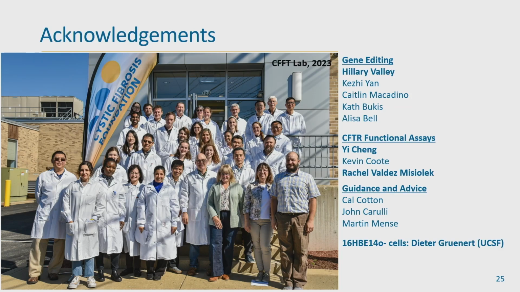Very nice work. So the question I have is with respect to the editing directly in the well-differentiated cultures. Since HDR requires cells to be in a state of division for the homology-directed repair, do you have a sense in your ALI culture of what your level of proliferating cells is? So we've done some flow analysis to look at proliferating cells.